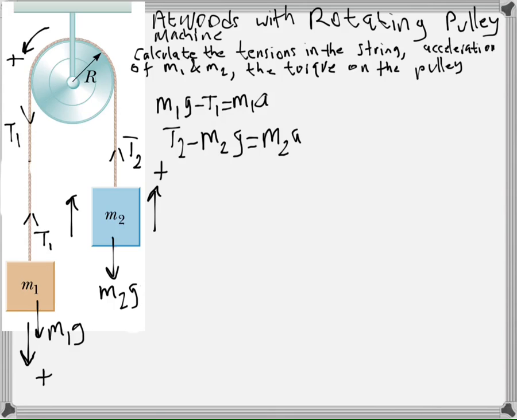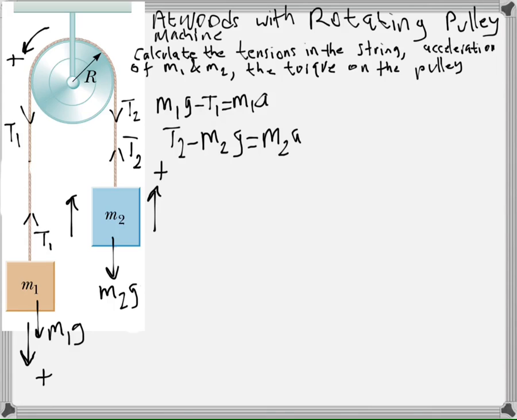On the same string, at different ends, the tensions are in opposite directions. This is the principle. And there is no exception for this sort of principle. And the same for the T2 side. Okay. So with this, now we are ready to write down the torque equation for the pulley.